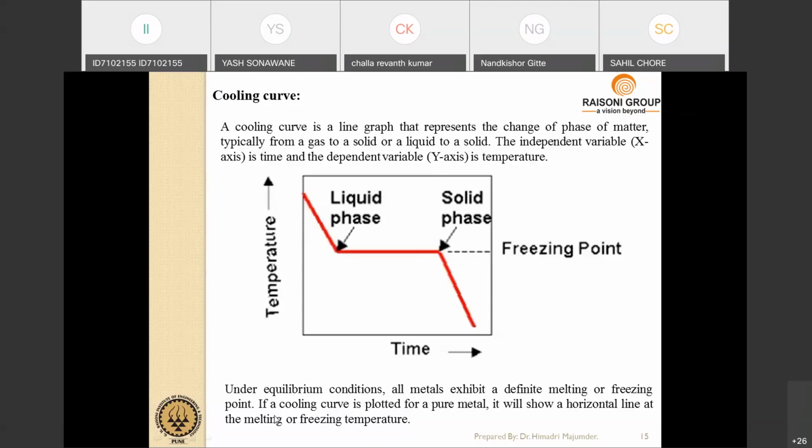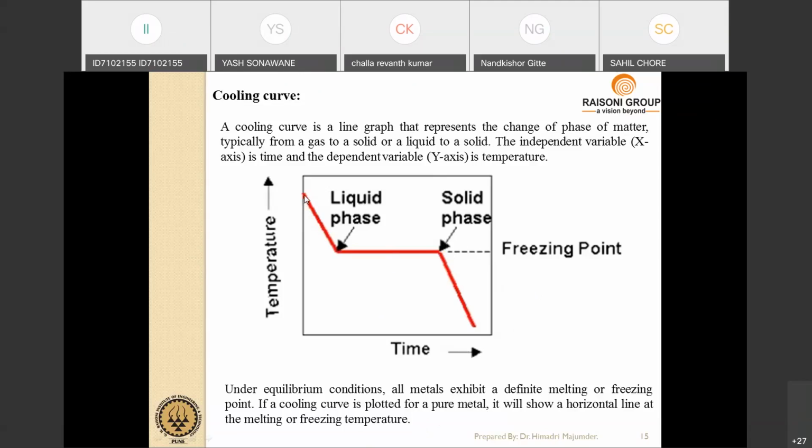That's why it is written: under equilibrium conditions, all metals exhibit a definite melting or freezing point. So if it is in equilibrium condition, all materials show a specific melting or freezing point like this.